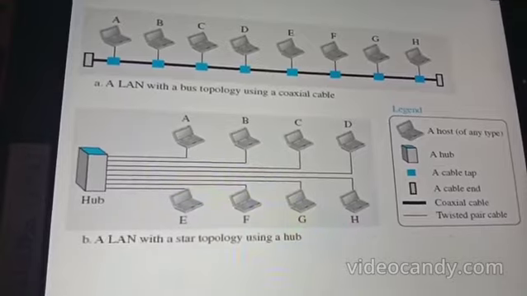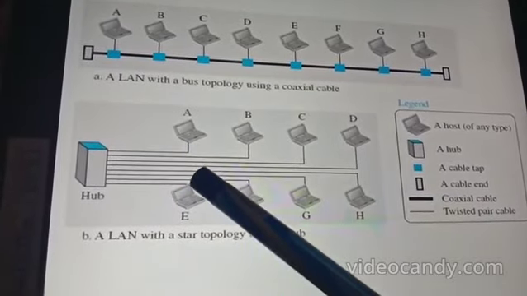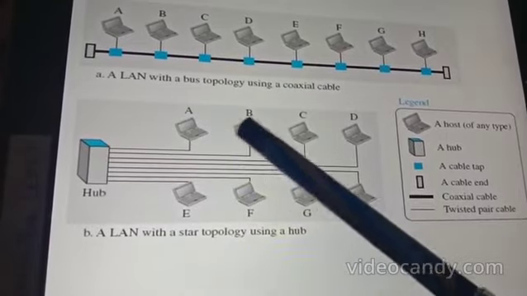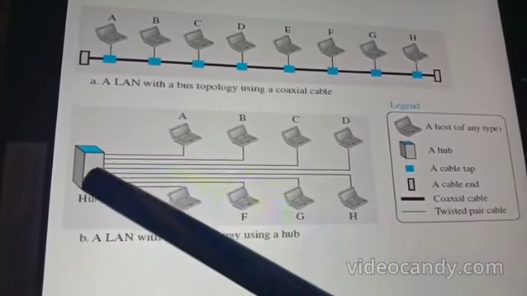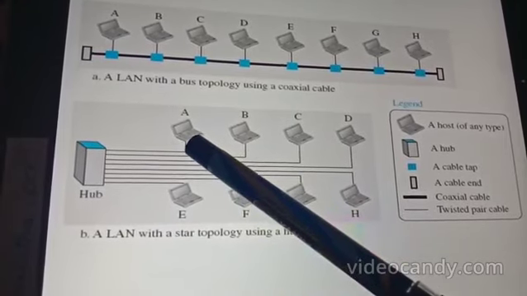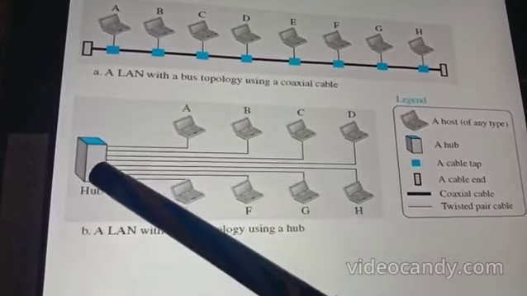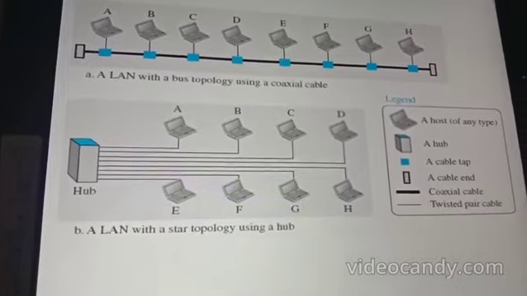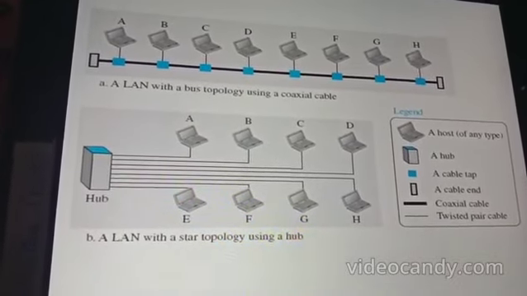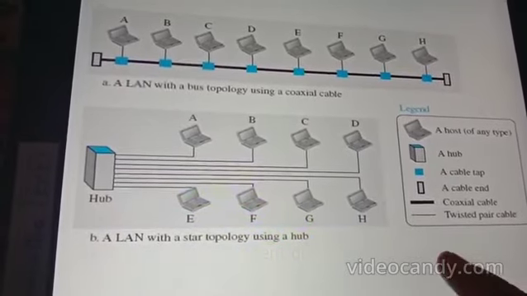And this is a star topology, which comprises a hub and multiple devices connected to this hub. Any node in the star topology that wants to communicate has to interact with the hub, and the hub will communicate to the device. So these are the different types of topologies of Ethernet LAN.